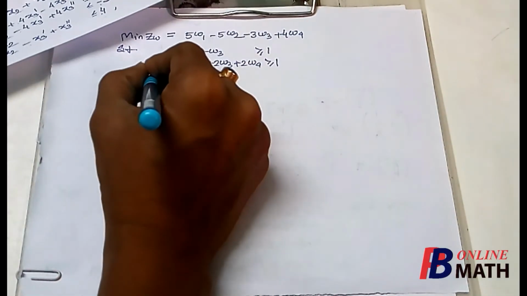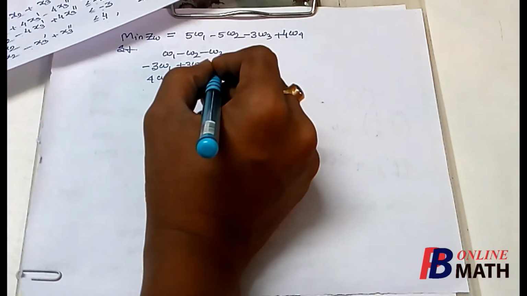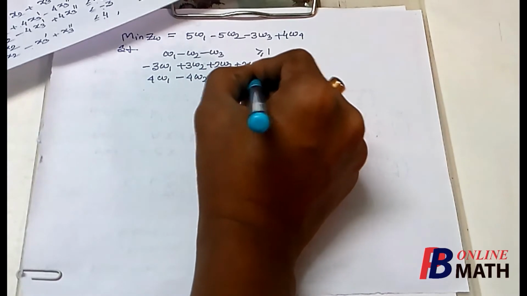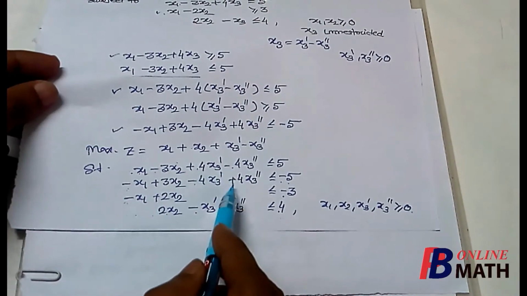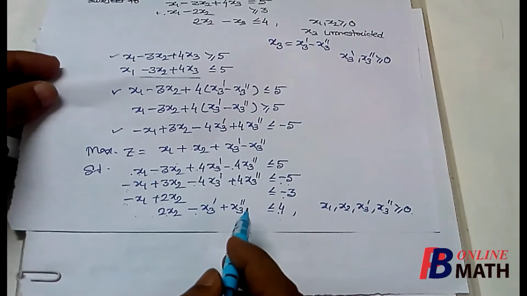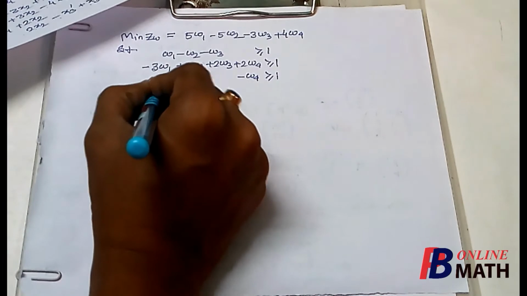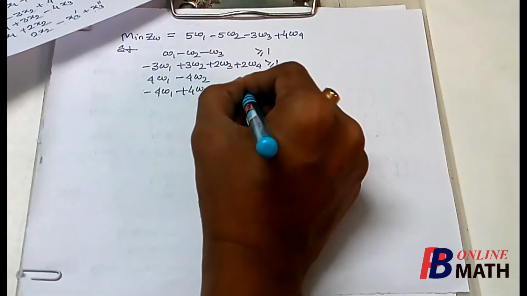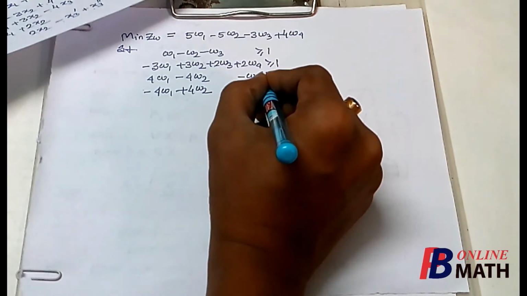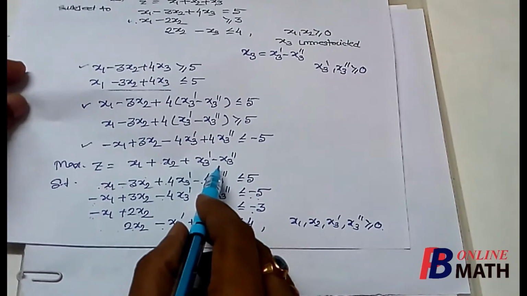So we write here 4 into omega 1 minus 4 into omega 2 minus omega 4, greater than or equal to 1, and the final constraint will be minus 4 into omega 1 plus 4 into omega 2 plus omega 4, which will be greater than or equal to the last cost value, which is minus 1.